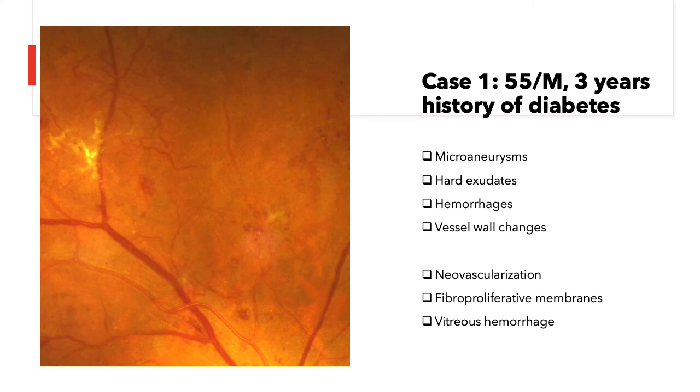So you see, when you thought that it was at least in the non-proliferative stage, you check on higher magnification, you see those new vessels there. So this immediately changes your diagnosis to the proliferative stage. And so you must refer this patient immediately to an ophthalmologist.